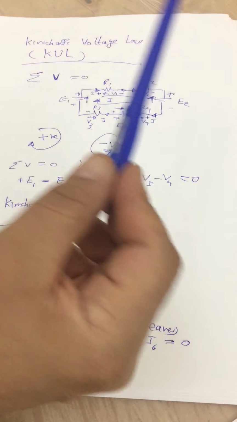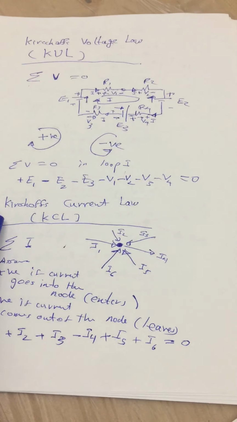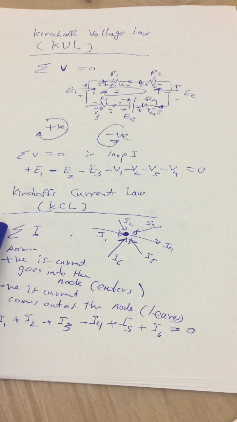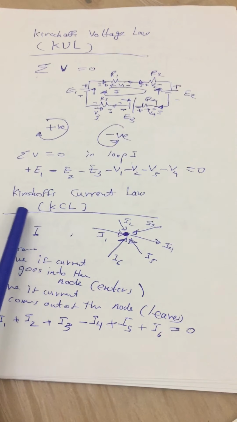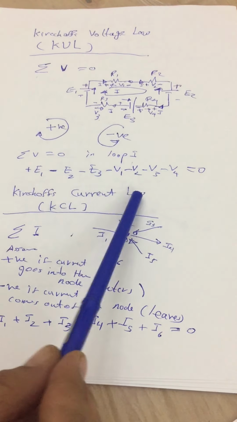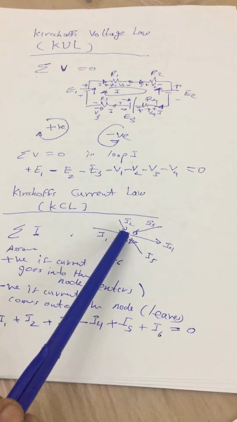We had Ohm's law, we had KVL, and the third basic law in electric circuits is KCL, or Kirchhoff's current law, which applies to a node.